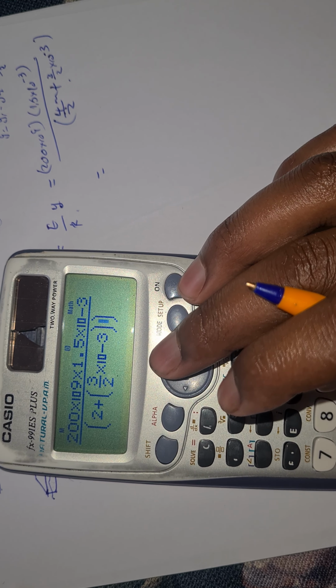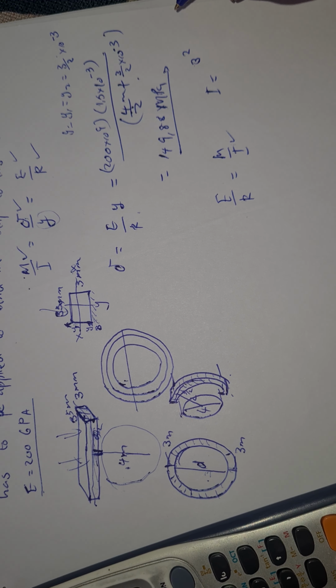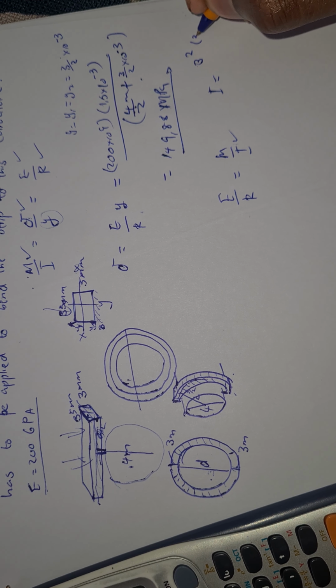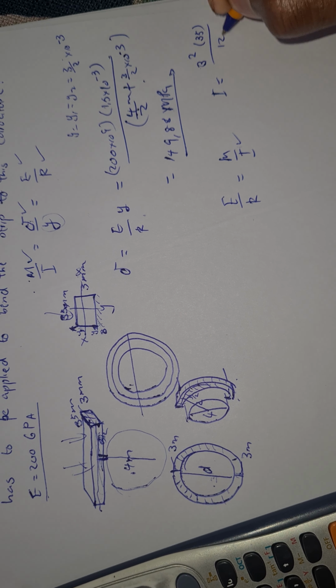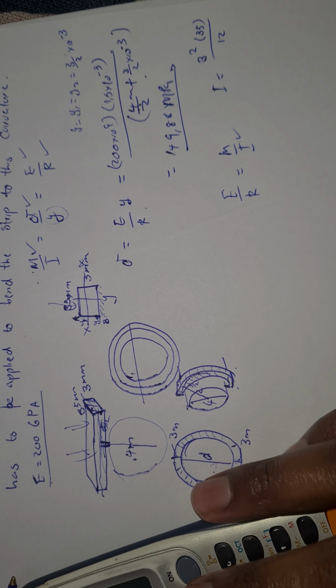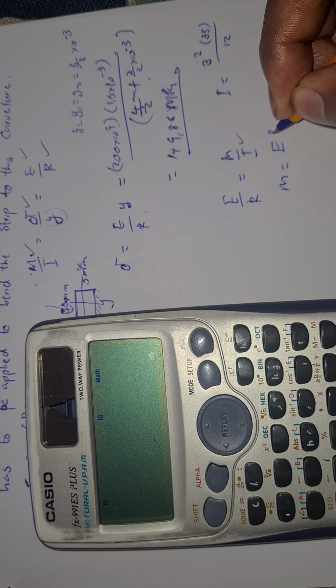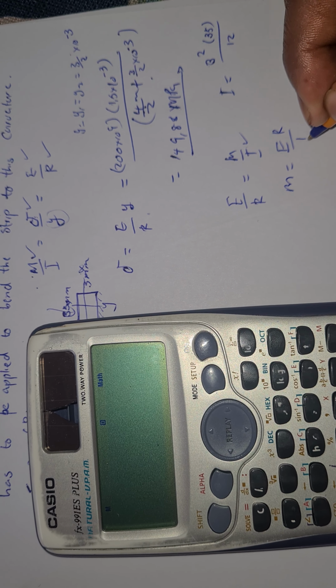I is equal to height, which is 3 squared times 35 over 12. This is in millimeters. So M is equal to E I over R.